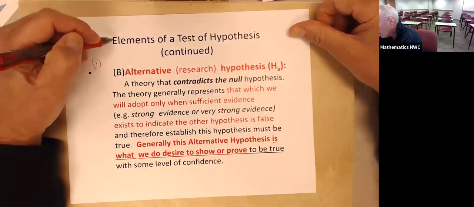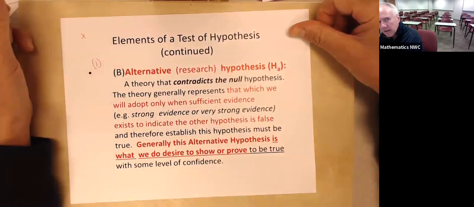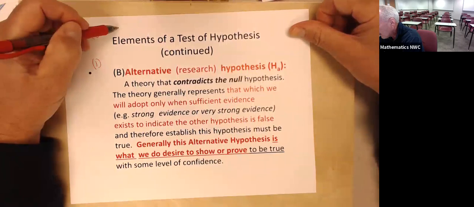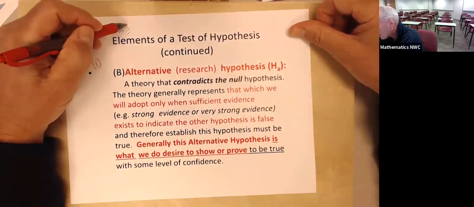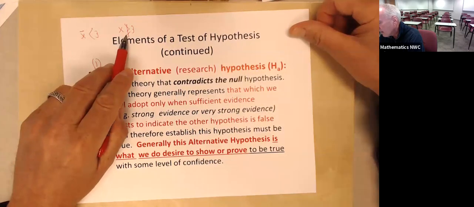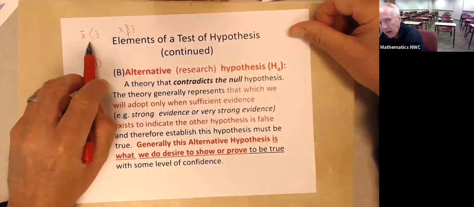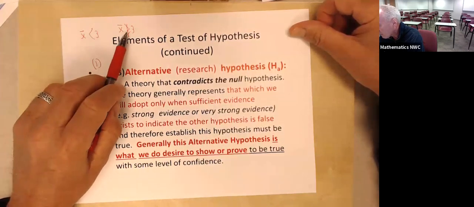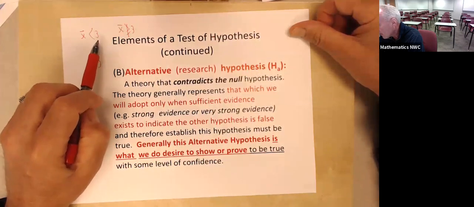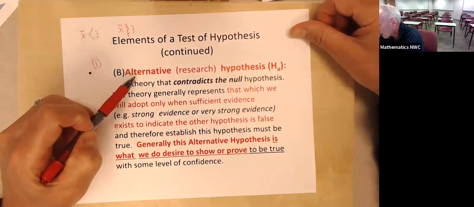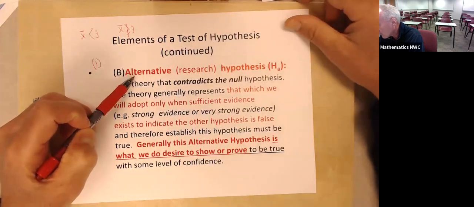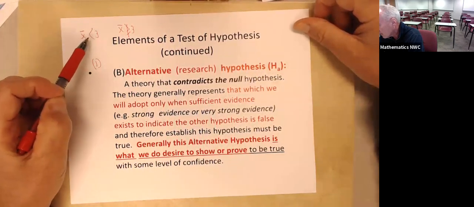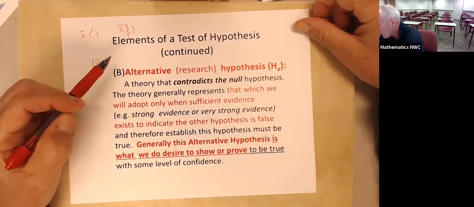If I want to show that some mean is less than 3, and I can show that the mean is not greater than or equal to 3, then by process of elimination, I've shown that it has to be less than 3. That kind of logic where we're going to prove one of them false, hopefully the null, allows me to conclude the alternative to be true because they contradict each other. So if I can show that the null is false, then I know the alternative has to be true.